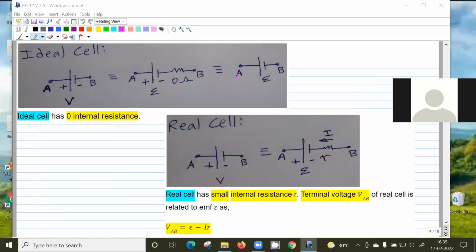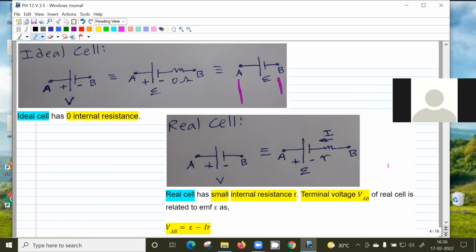In an ideal cell, the equivalent circuit is the voltage it can provide and the internal resistance, which will be zero. So for an ideal cell, whatever the cell EMF is, that is the same as the potential difference appearing across its terminals.